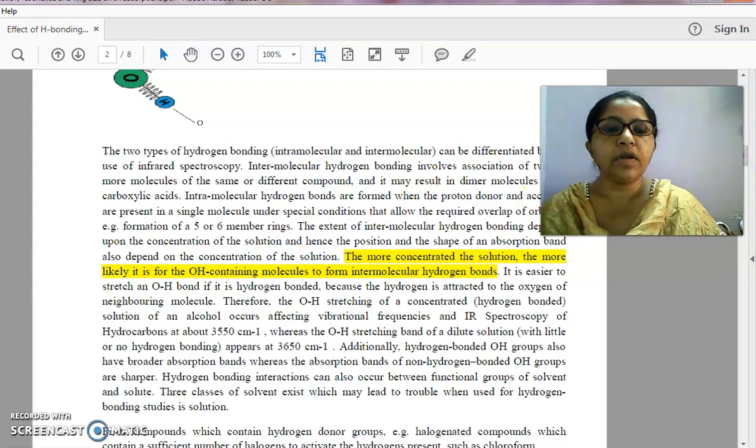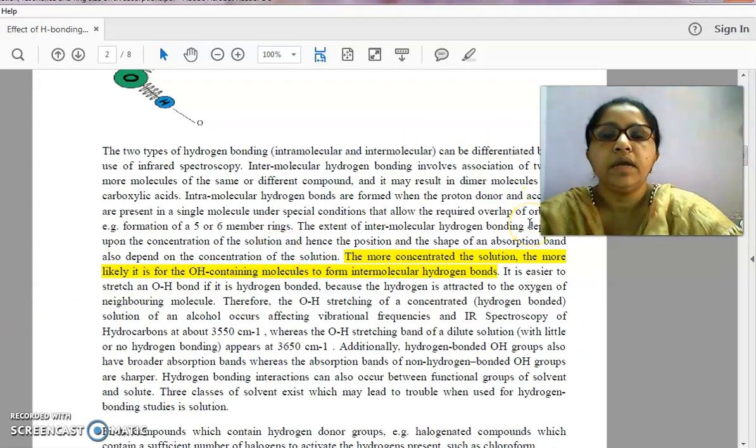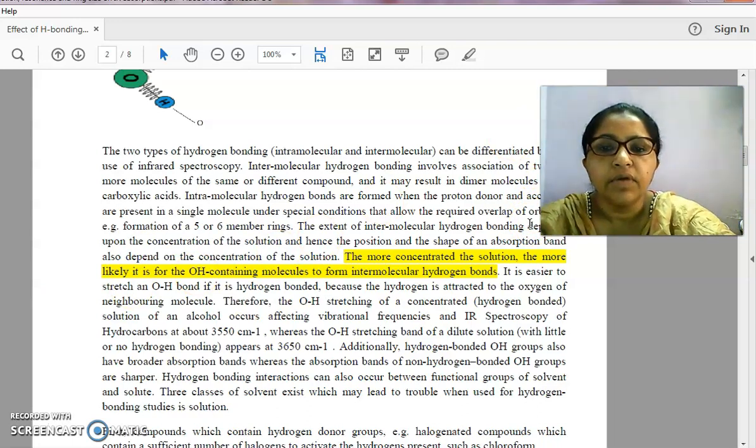In the case of intermolecular, the hydrogen bond is formed between two different molecules. These two molecules can be of a similar type, or of two different types, like the sample molecule and the solvent in which the molecule has been dissolved.